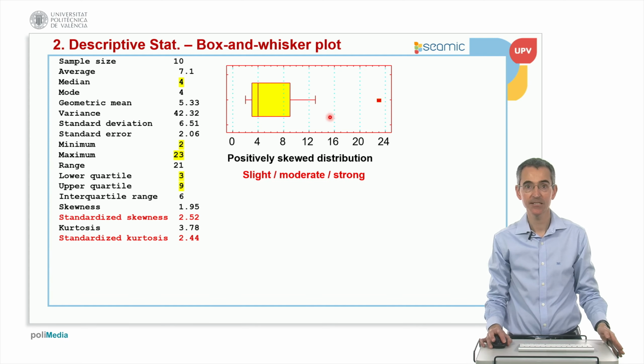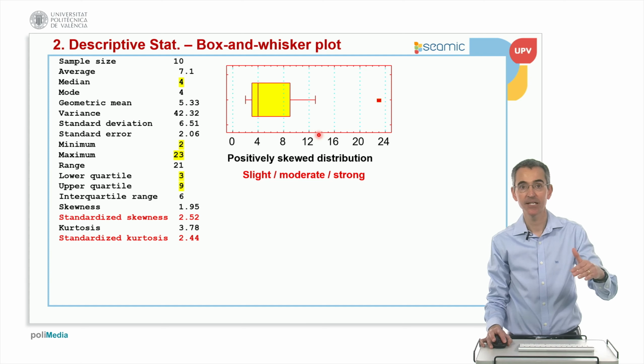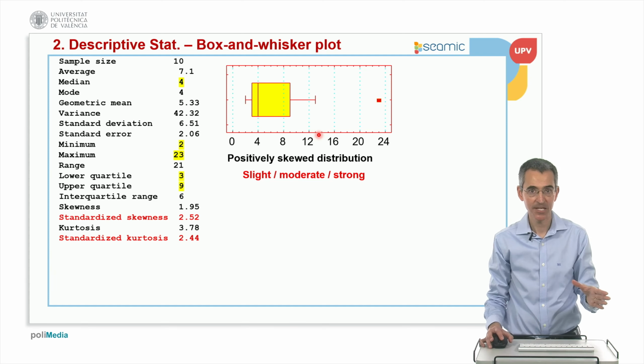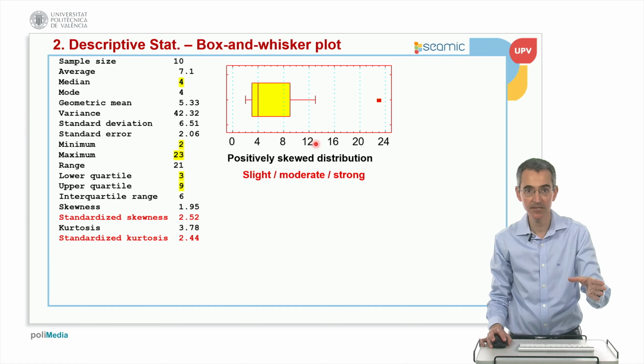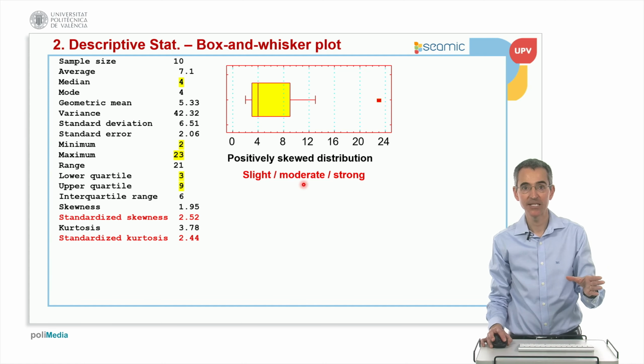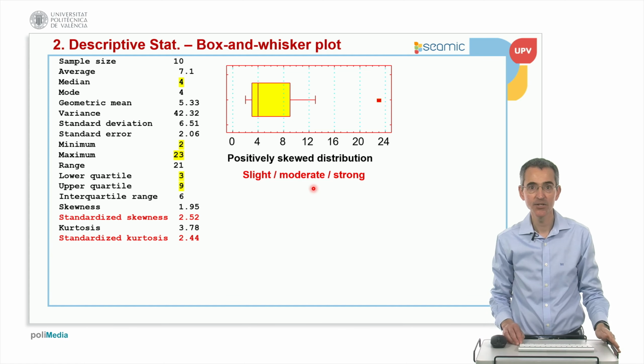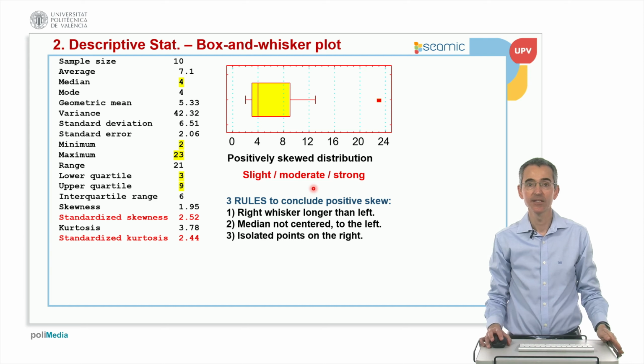This kind of plot also provides information to say if the degree of skewness is slight, moderate, or strong. In this case, it is not slight. We can say that it is moderate or strong.